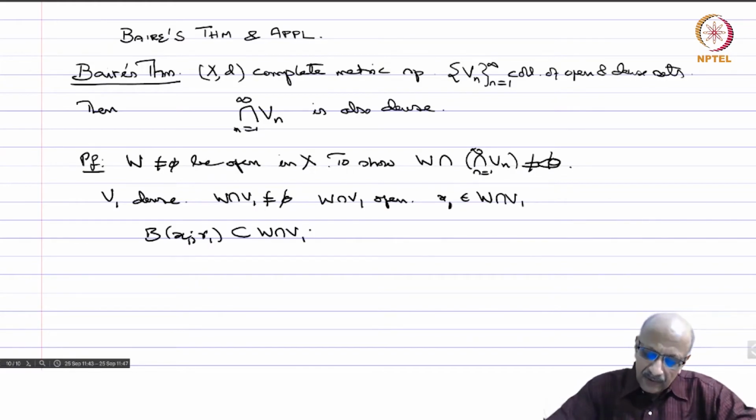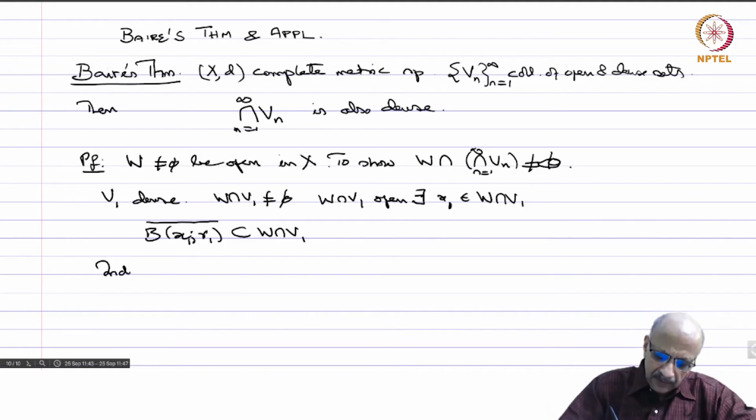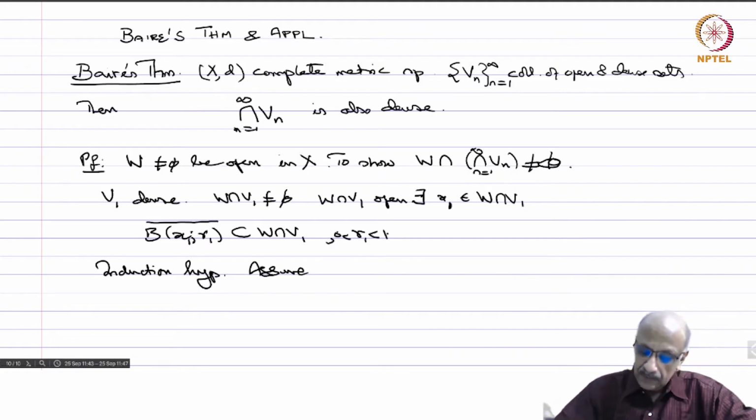In fact, we can take a smaller r if necessary, and therefore we will even assume that the closure of the ball with center x_1 and radius r_1 is in W intersection V_1. Now we are going to make an induction hypothesis. We can also choose r_1, which is of course positive, to be less than 1.